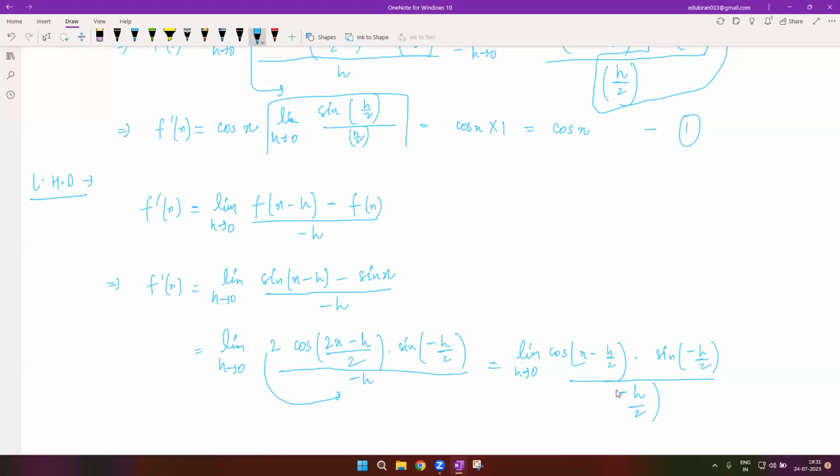That 2 can come to the denominator like this. Now this whole part is 1. You can check that for yourself. And if you put h = 0 here, you get cos x, right? So the left-hand derivative is again cos x.